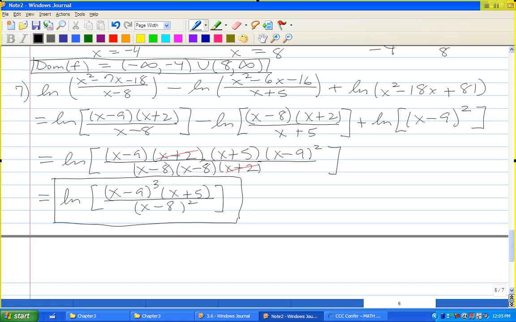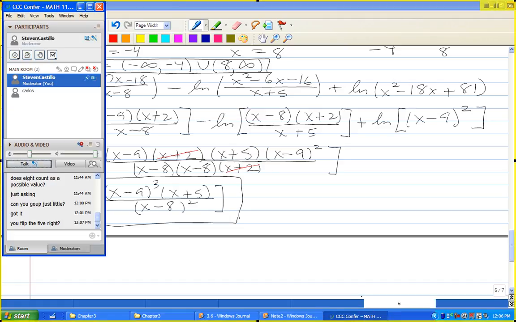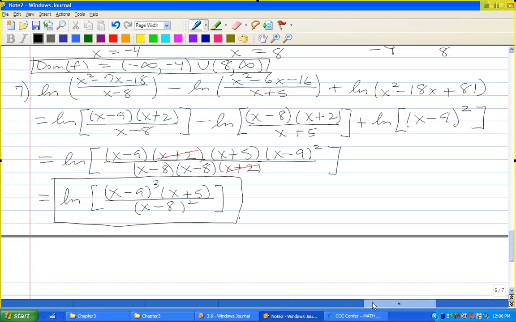If x is 1, this probably doesn't work; I'd have to check. So I took the reciprocal of this because there's a minus in front. That's why the x minus 8 and the x plus 2 were in the denominator and the x plus 5 was in the numerator.